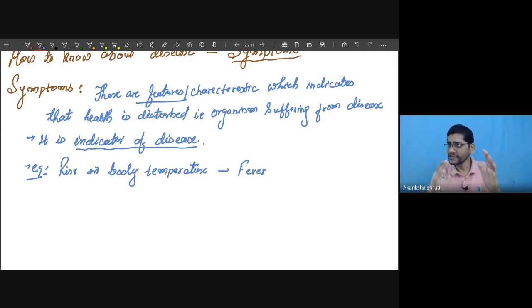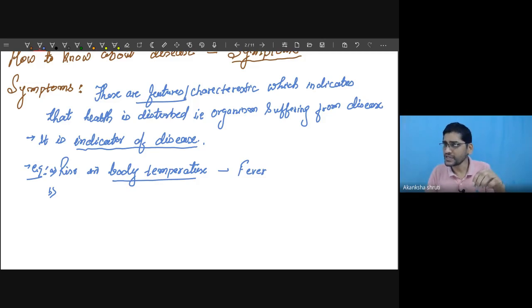But whether this fever is influenza fever, common cold fever, kalazar fever or malaria fever, these are different kinds of disease. So for that, even more tests are required. So one of the factors is rise in body temperature. The other one, yes, can you tell me, student? Few more.